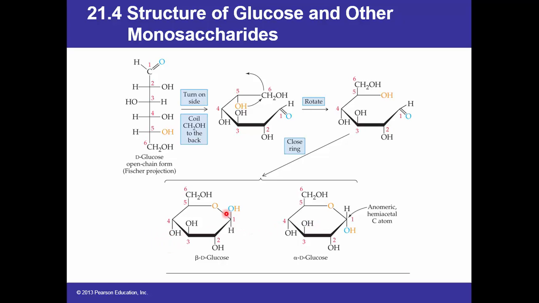Now notice, when the hydroxyl group and the CH2OH are in cis position, then it's beta. When the CH2OH on carbon 6 and the OH are in trans relationship, then this is called alpha. So again, beta up, cis; alpha down, trans.